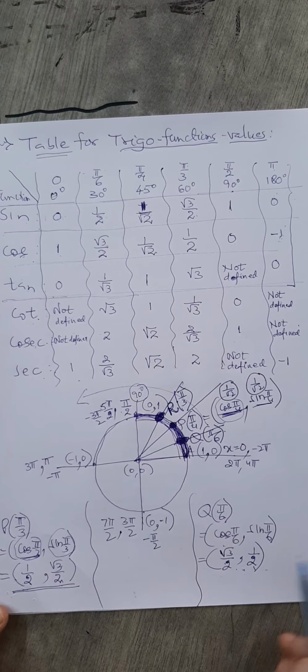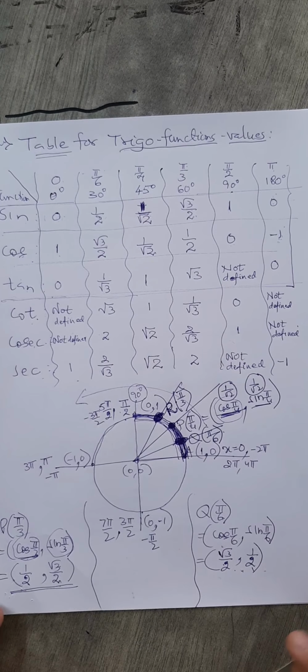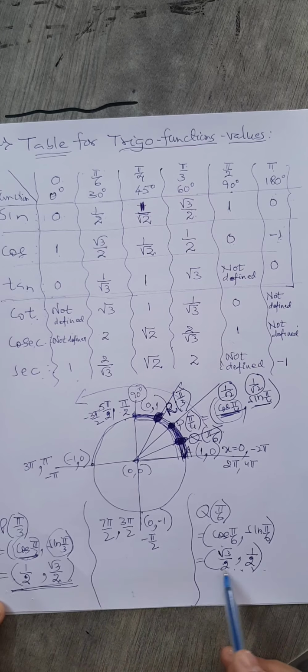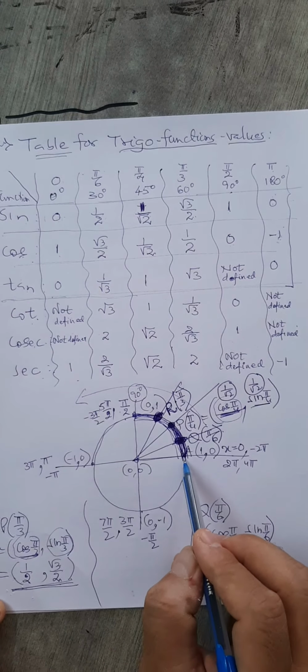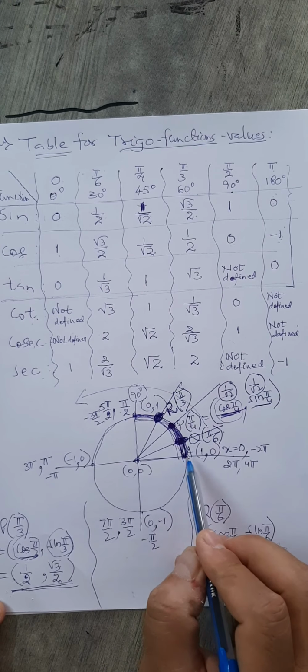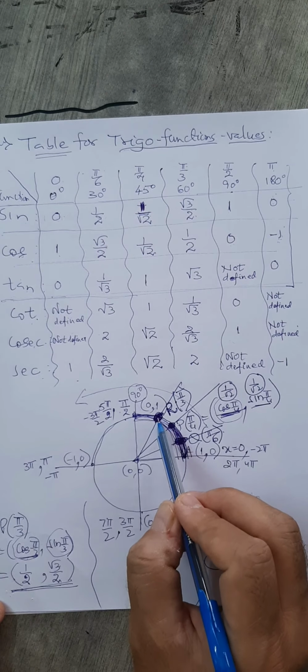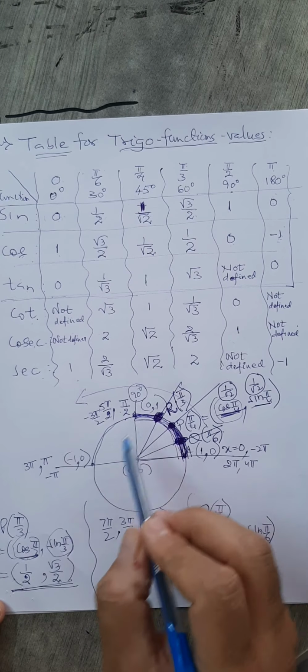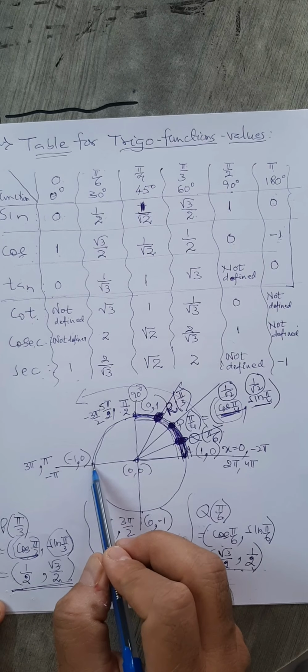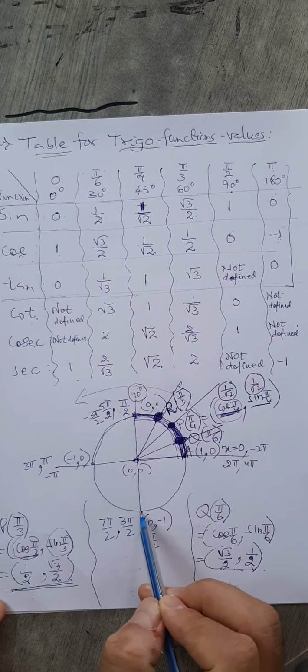It has proofs, remember, like theorems. We are stating without proof. And these values we have stated. So these are the standard values: 0, then this is 30 degree, then this is 45 degree, then this is 60 degree, this is 90 degree, this is 180 degree, this is 3 pi by 2.